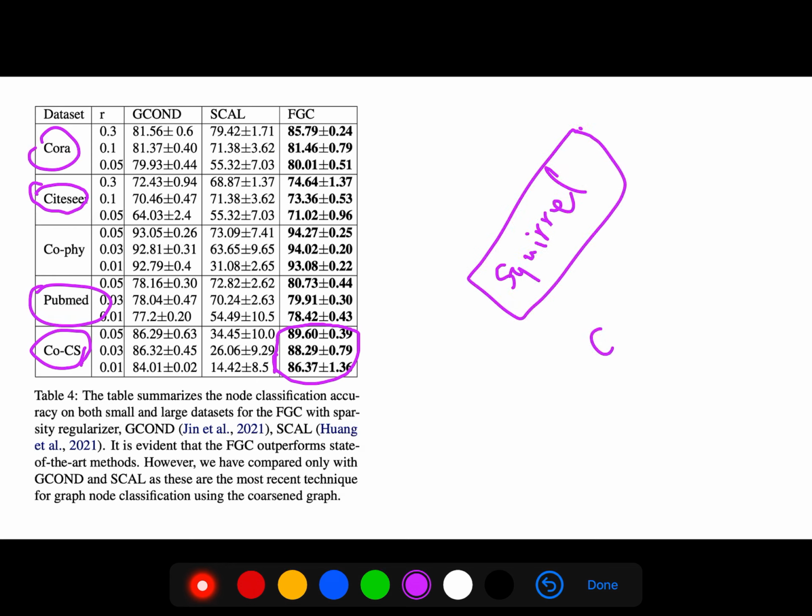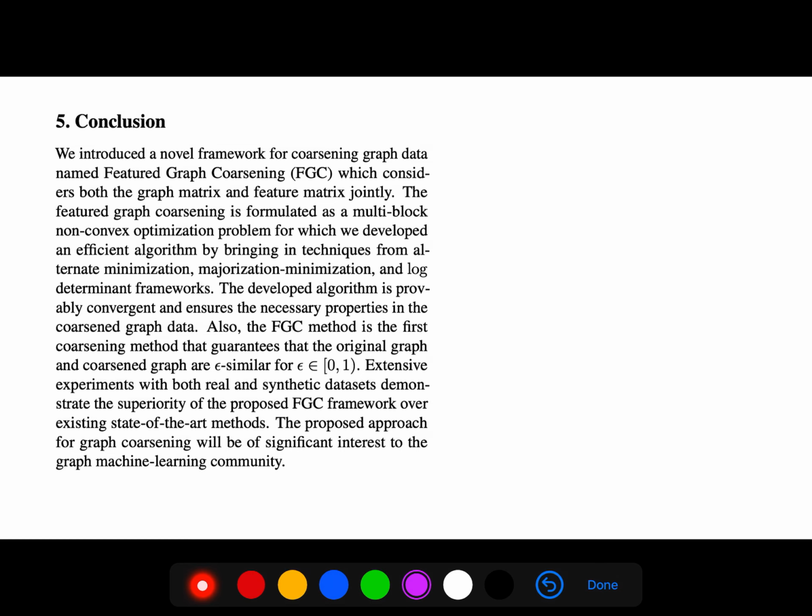This one maybe 49%. Very low. State of the art is very low. So the featured graph coarsening is formulated as a multi-block non-convex optimization problem.